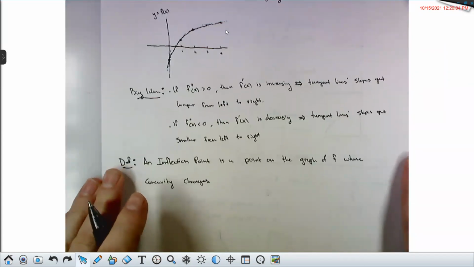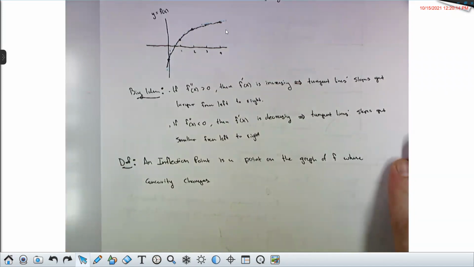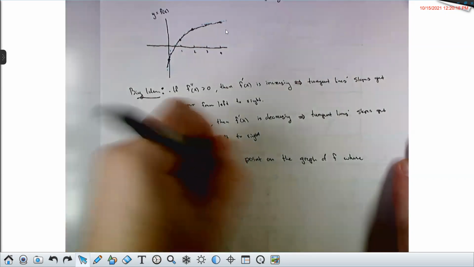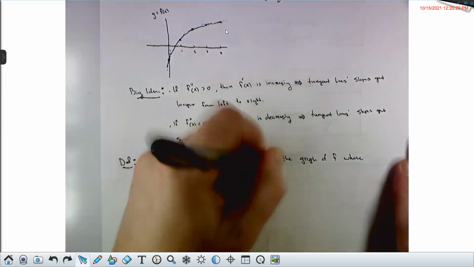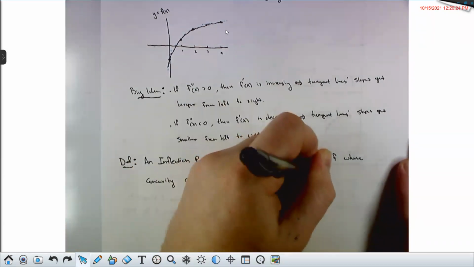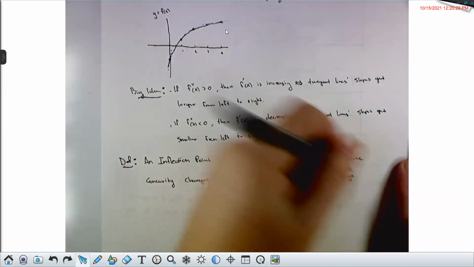So a point where you go from concave up to concave down, or from concave down to concave up, is called an inflection point. A point where the concavity changes. These happen when f double prime changes sign.